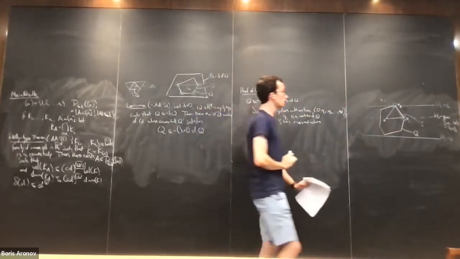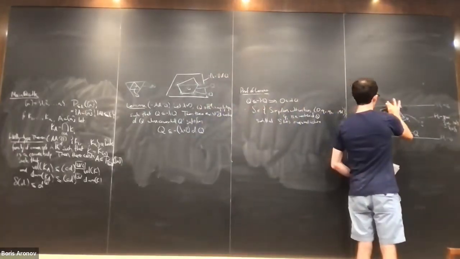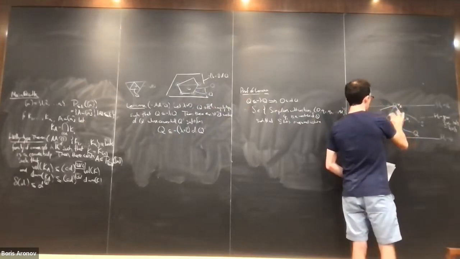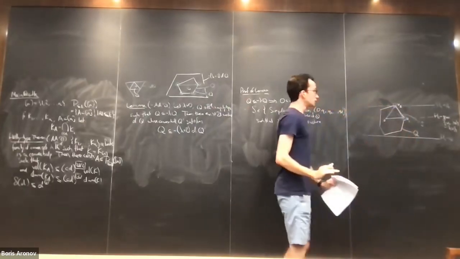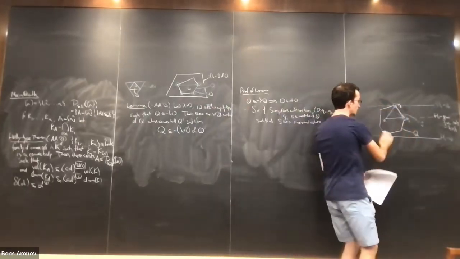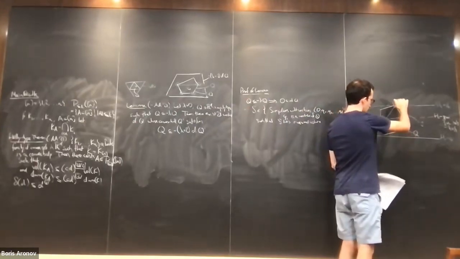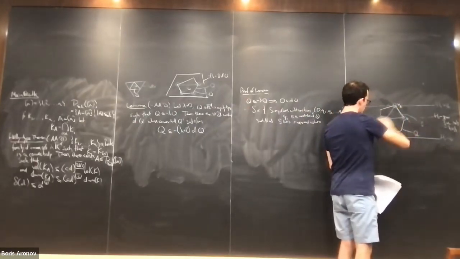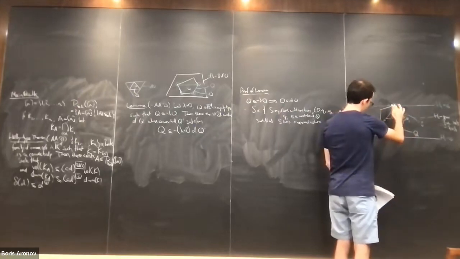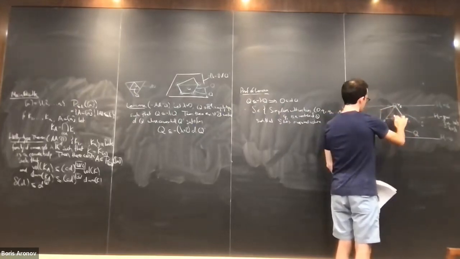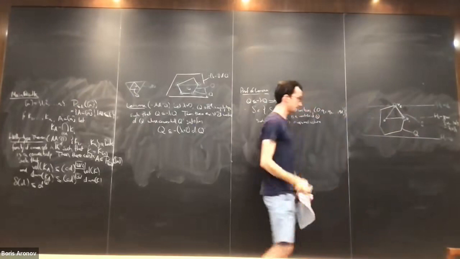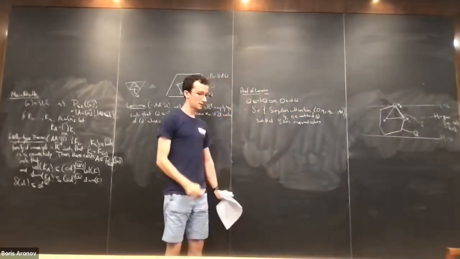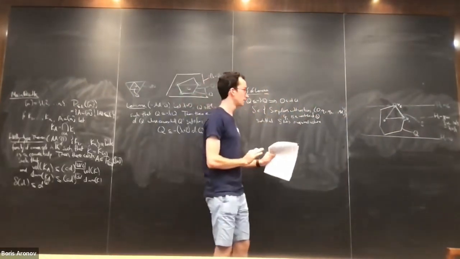That would be a contradiction to the fact that S is chosen with maximal volume. So all of the vertices in Q must lie in the strip, such that the projection of VD onto this hyperplane is the maximal projection size. Any questions about this step?